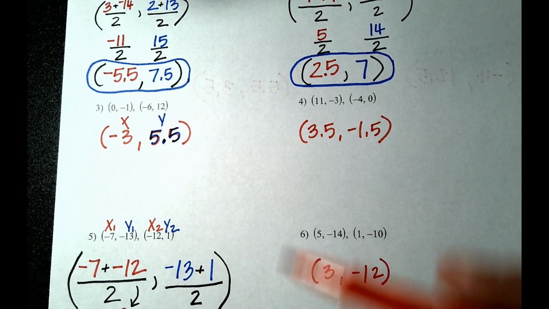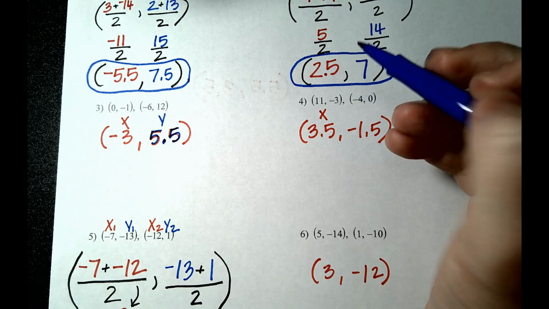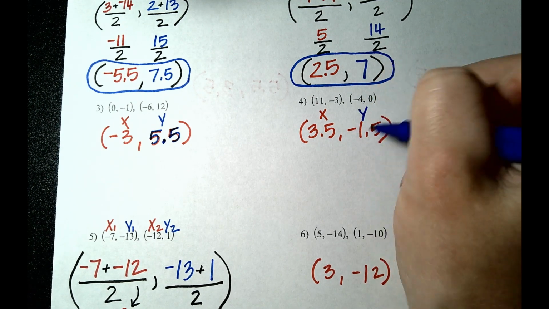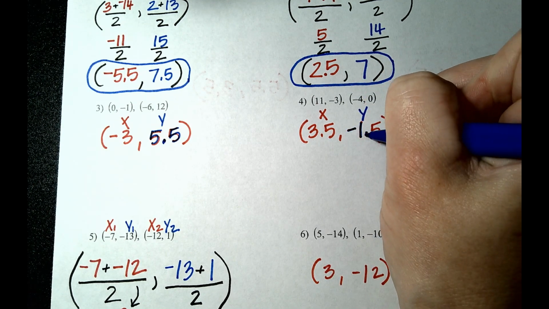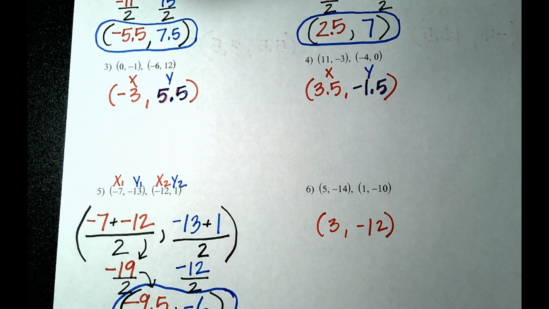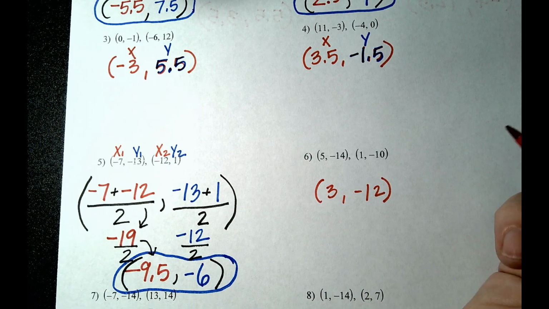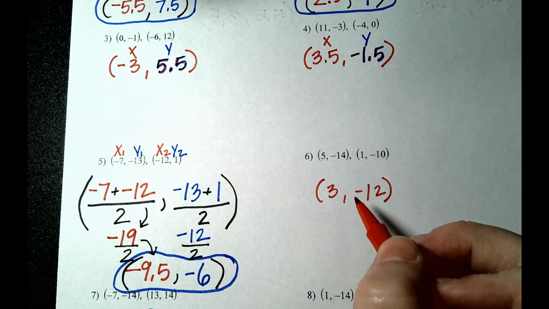Number 4, x value is positive 3.5 and the y value negative 1.5. Number 5 we did together. Our x value was negative 9.5, y was negative 6.